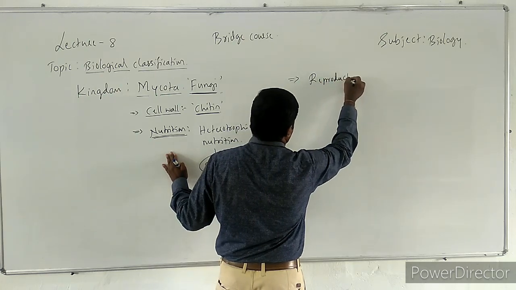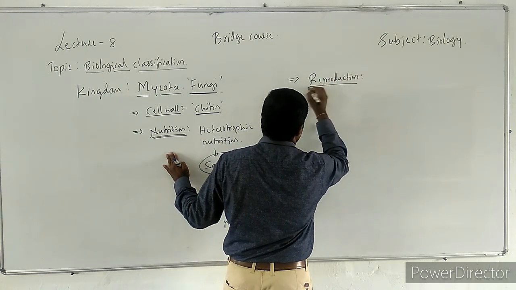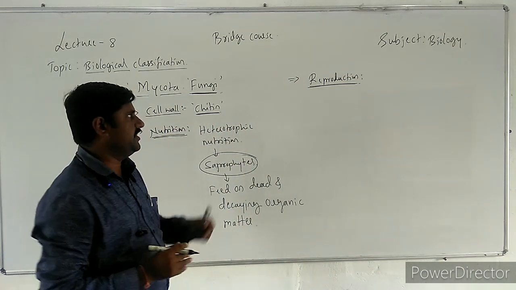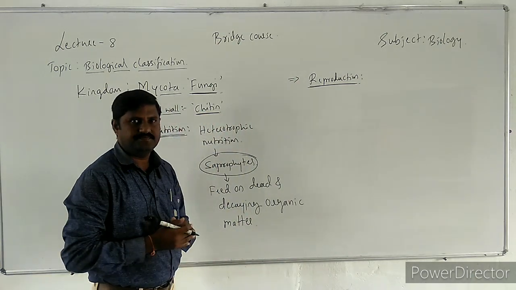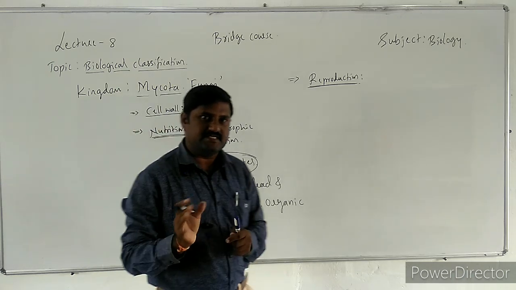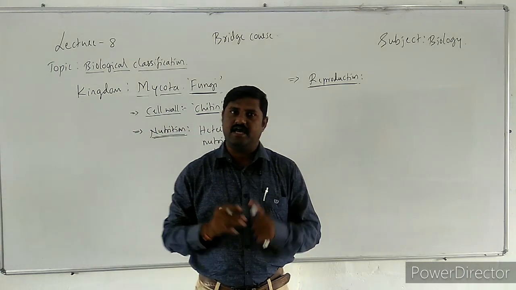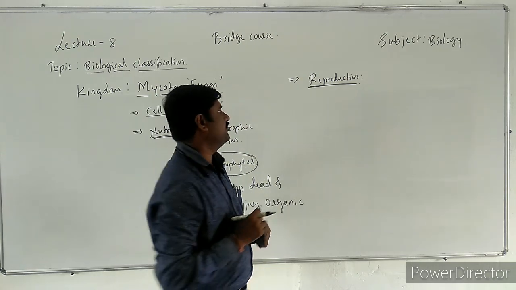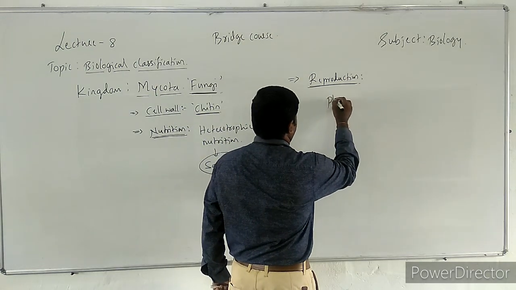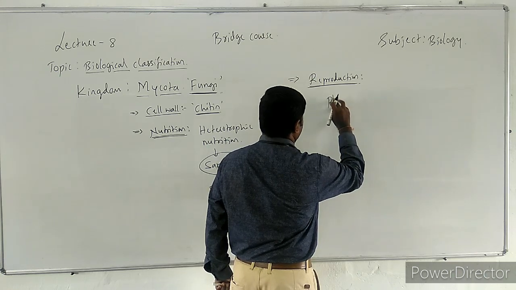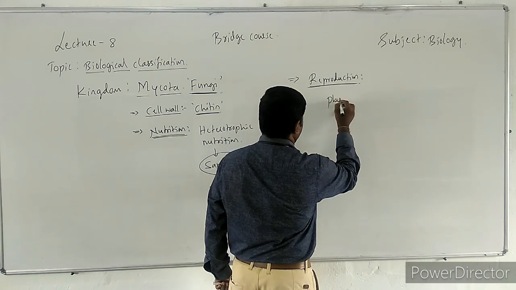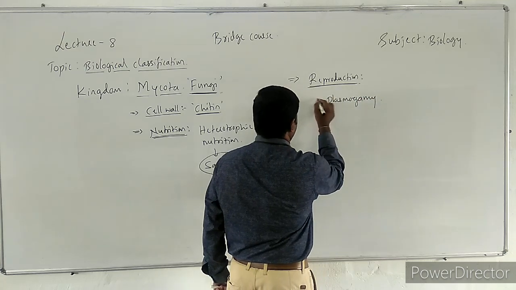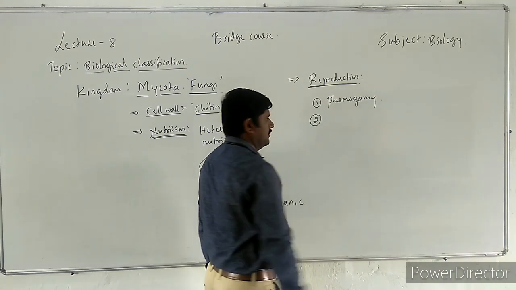Apart from this, the next characteristic feature is reproduction. Special types of reproduction are exhibited by these fungi. Those are usually studied in PUC in a detailed manner, so I will mention only the headings of these methods of reproduction. Plasmogamy is one method.